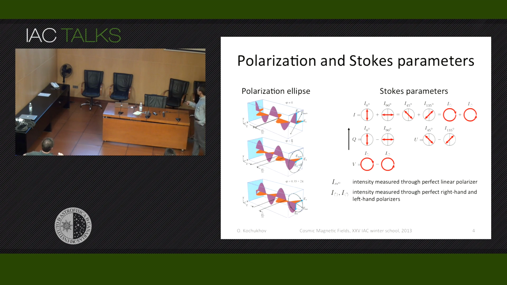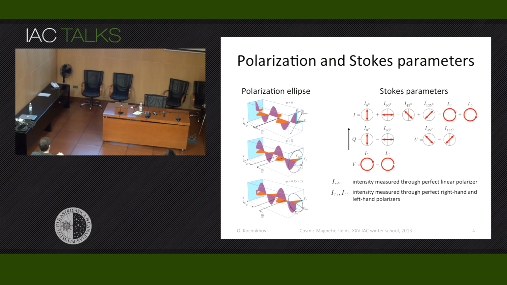And then we can also have the perfect right-hand and left-hand circular polarizers. So what the Stokes parameters are is essentially the differences between intensities measured using these perfect polarizers. For Stokes V, it's the difference between left and right-hand intensity, and Stokes Q is the difference between linear polarization measured along the reference direction, so the reference direction is indicated with this arrow, and perpendicular to the reference direction.